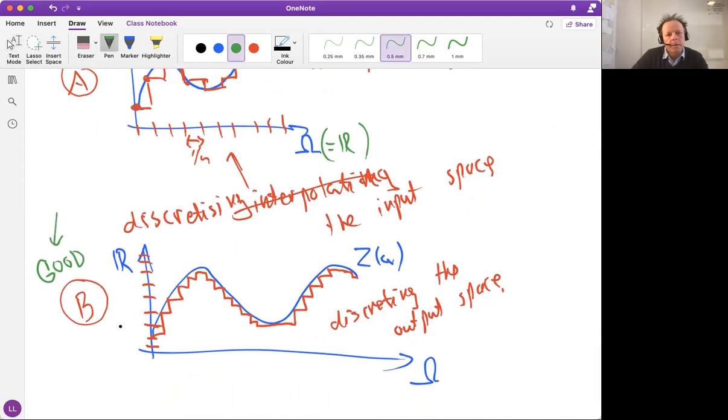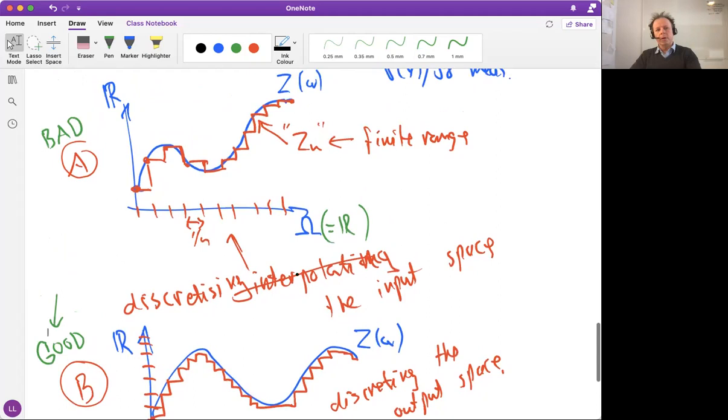So actually, it's less sensitive to the input space structure. Imagine that this is not the real line anymore, but let's say it's Rn or something else. So it's more flexible to the input space because we are not touching the input space. We are only touching the output space, and we assume that the output space is always going to be the real line.